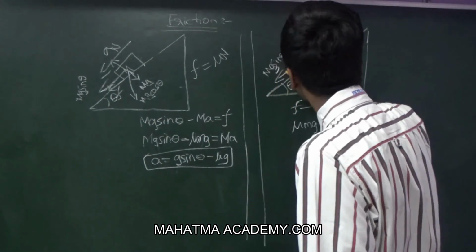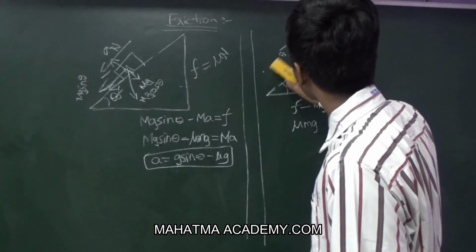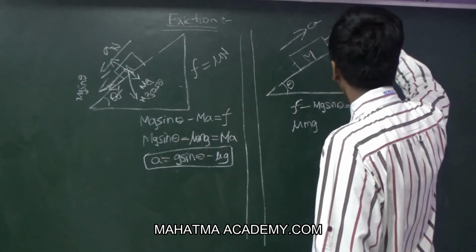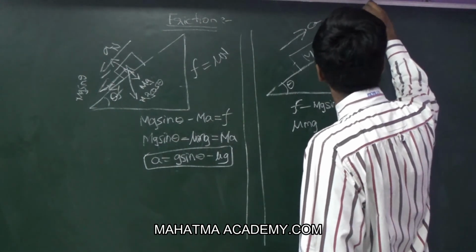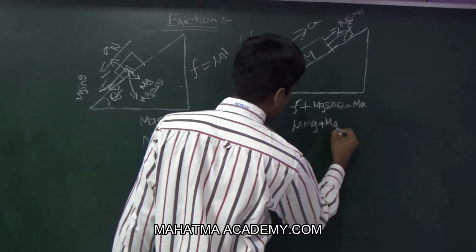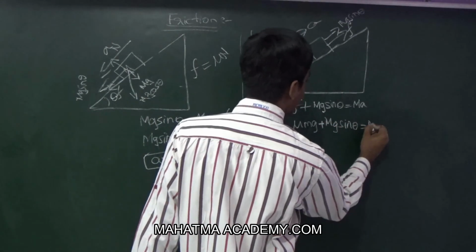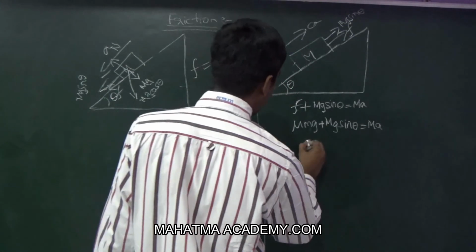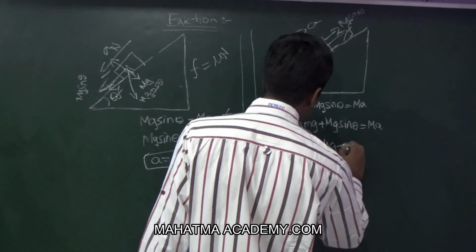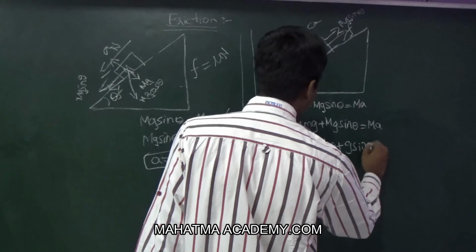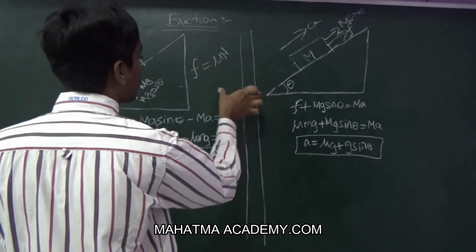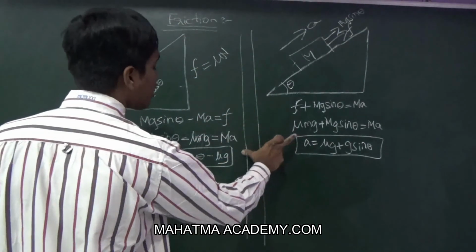Sorry, here there is a mistake. Here the body will move upwards, so it is mu mg cos theta plus mg sin theta is equal to ma. If we cancel the masses, a is equal to mu g cos theta plus g sin theta. Now we have derived the formulas for the acceleration.